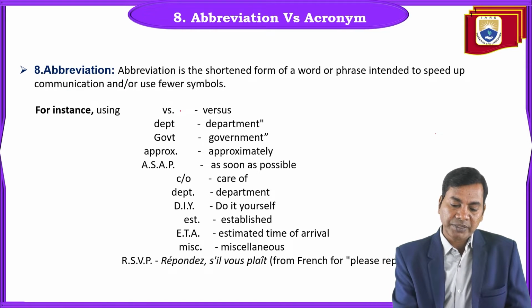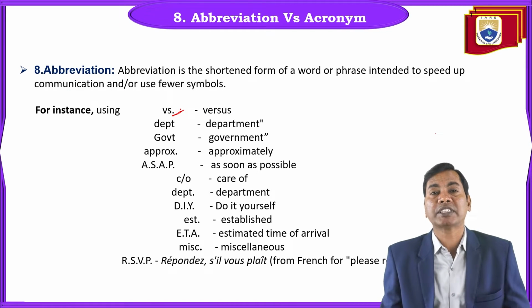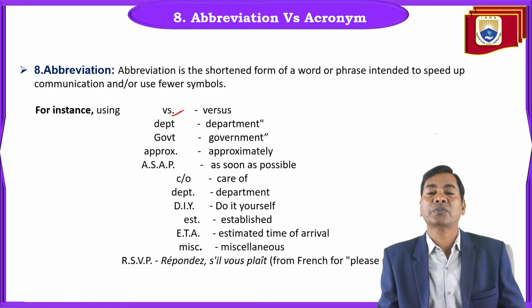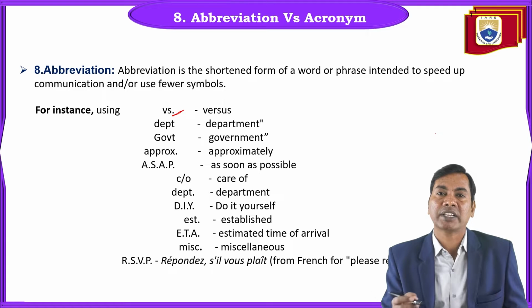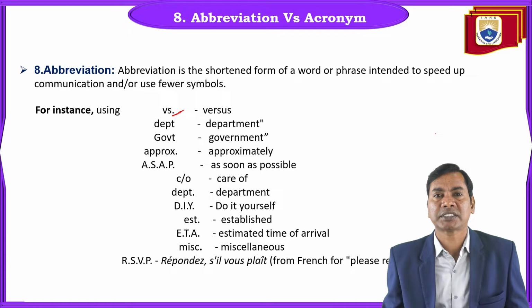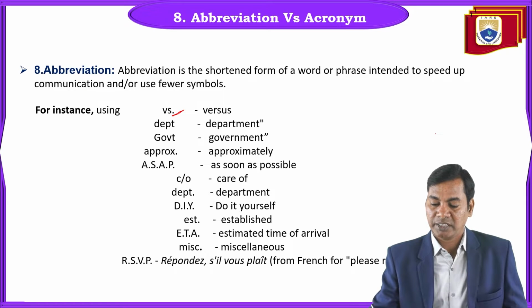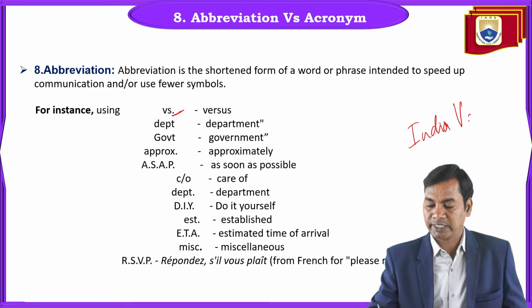Normally, especially when a match is going on between two countries, you might have seen on TV or somewhere, we have a match on 30th of this September between India and Australia. If you write that, we will write like this: India vs Australia.